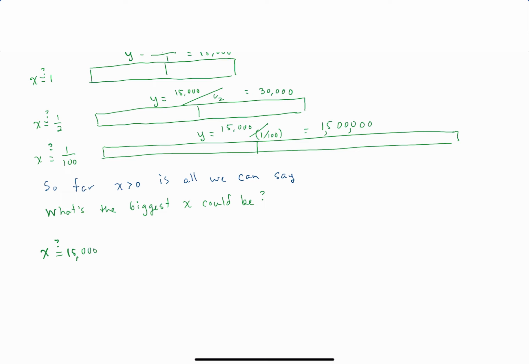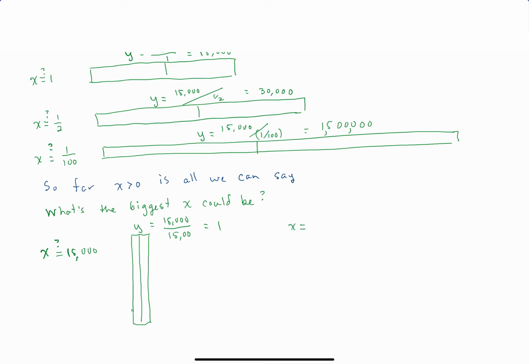And you'd have a field that looked like this, and your y would be 15,000 over x, so that's 15,000 over 15,000. So y would be 1 foot. Again, this would be a crazy way to make a field, but mathematically speaking, it could happen.